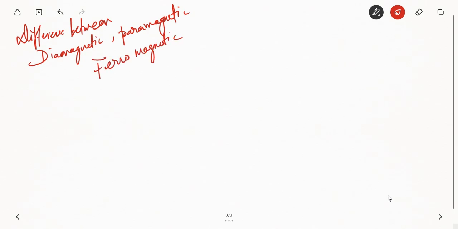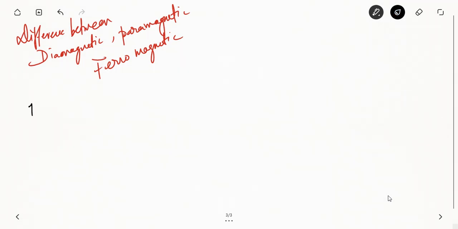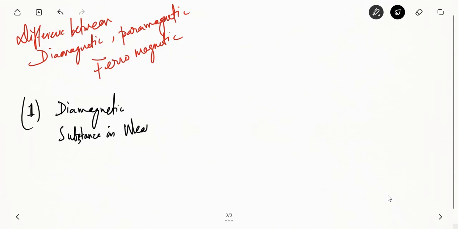First point, remember: diamagnetic substances are very weakly repelled by a magnet. But in the case of paramagnetic material, they are weakly attracted by a magnet.